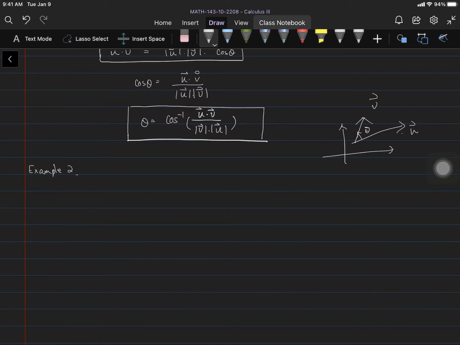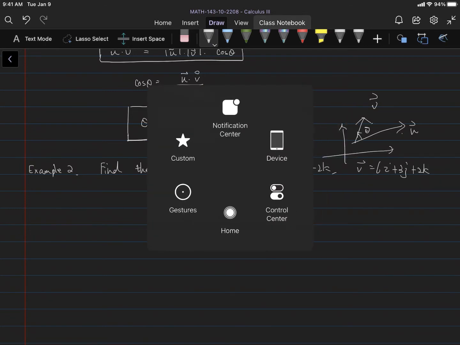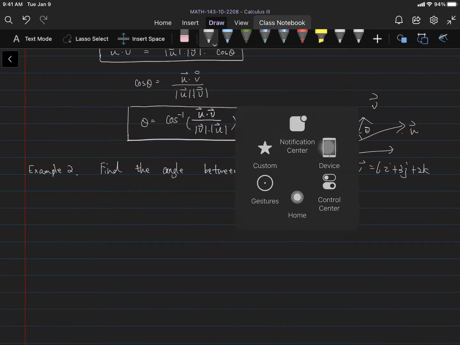Now let's take a look at example 2. Find the angle between two vectors. The vectors are given this way: u is i minus 2j minus 2k, and the vector v is 6i plus 3j plus 2k. Now let's take a look.